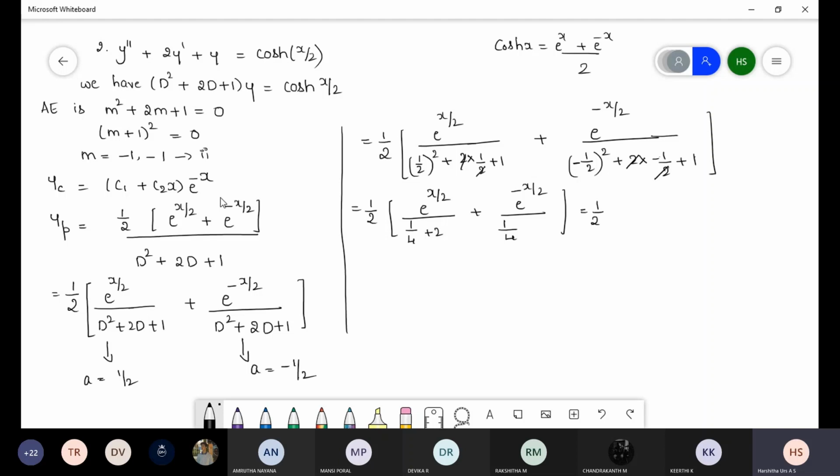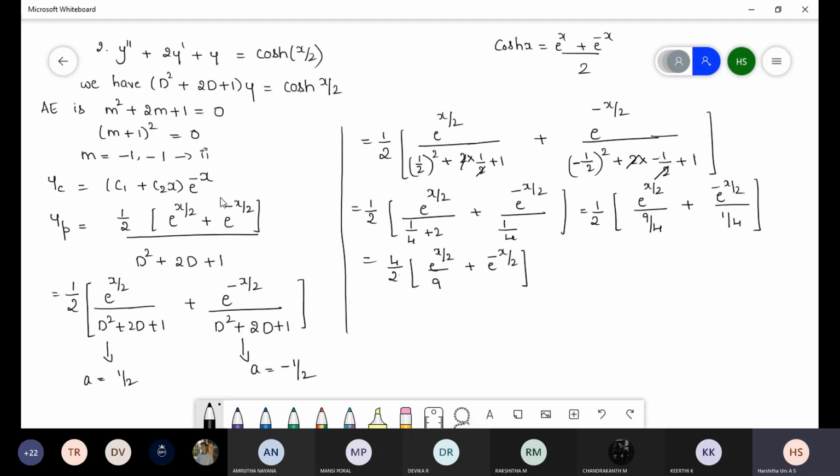So I write 1 by 2 into e power x by 2 divided by 9 by 4, plus e power minus x by 2 divided by 1 by 4. So this 4 goes to the numerator. So 4 I will take outside. So 4 by 2 into e power x by 2 divided by 9, plus e power minus x by 2.